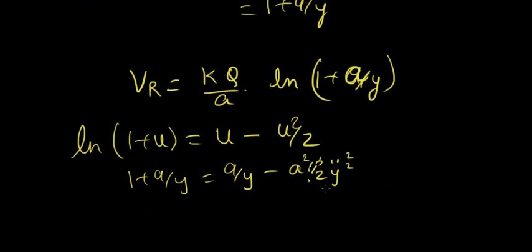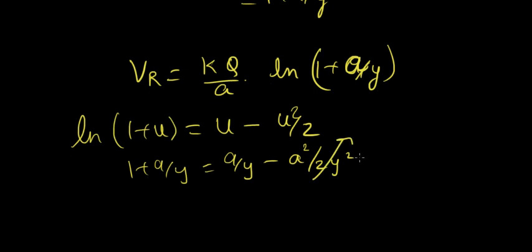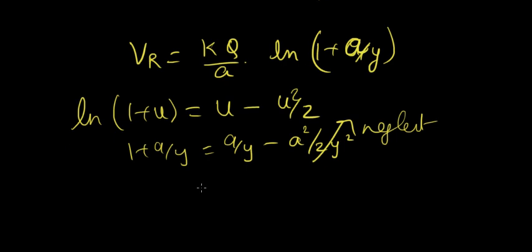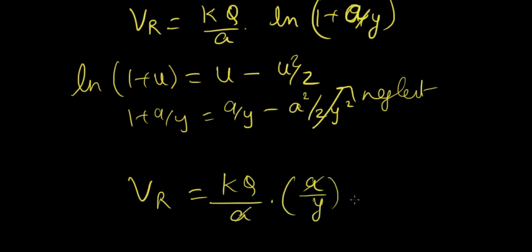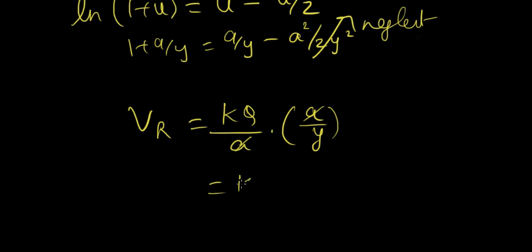Again, y squared is super huge, so we're neglecting it. We just take a over y. Substituting that here, what do you get? V of r equals kq over a times a over y. And a cancels. All you're left with is kq over y.